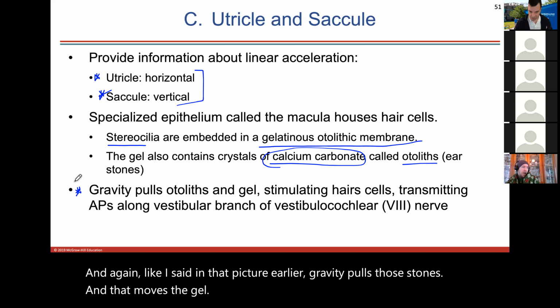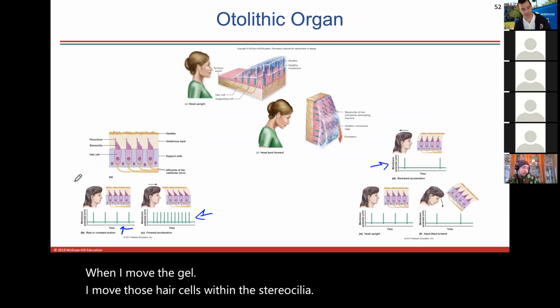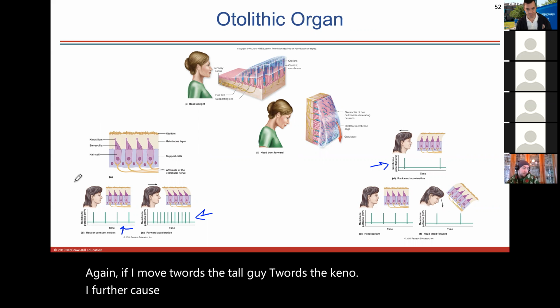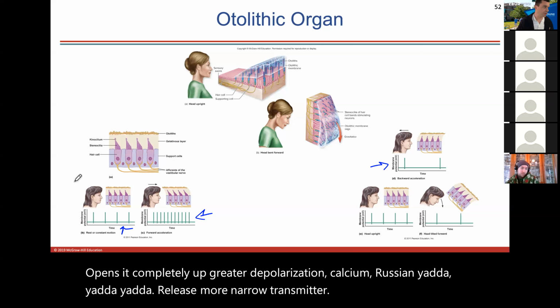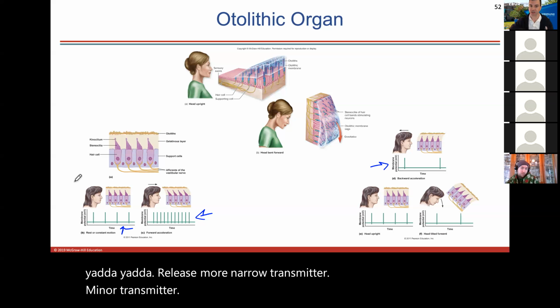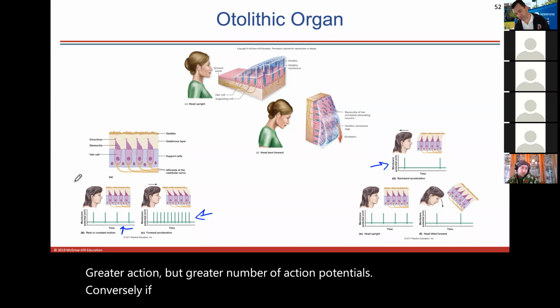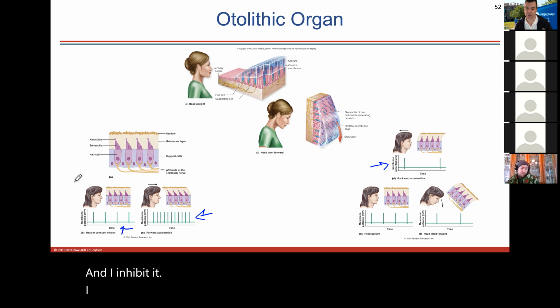When I move the gel, I move those hair cells within them, the stereocilia. If I move towards the tall guy, the kinocilium, I further cause depolarizations. It opens completely up, greater depolarization, calcium rushes in, and I release more neurotransmitter, greater number of action potentials. Conversely, if the stereocilia move away from it, that closes them up, and I inhibit the release of action potentials.